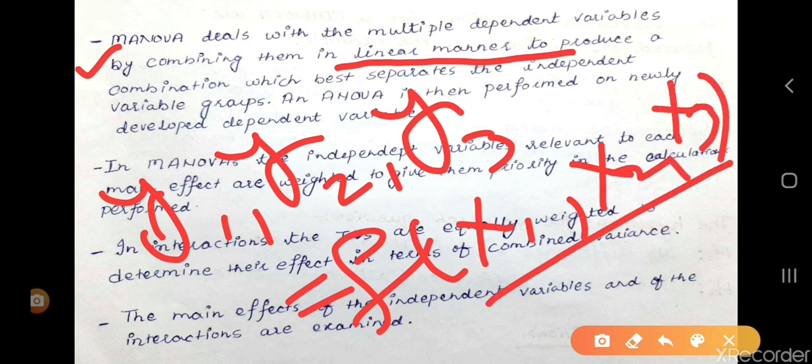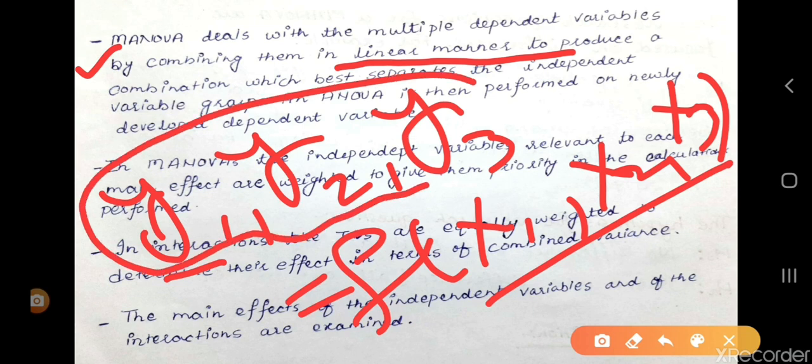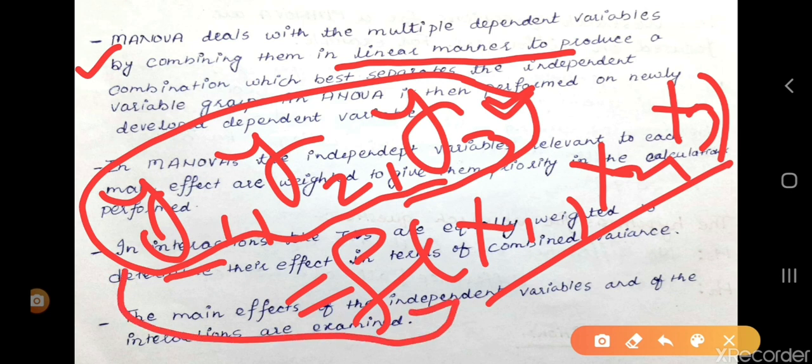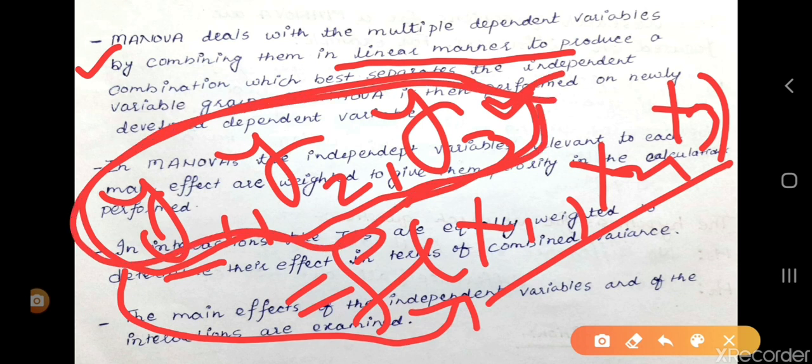These are independent and these are dependent variables. So in MANOVA we are dealing with multiple dependent variables, combining them in a linear manner to produce a combination which will separate them with these independent variables. This will form a combination, and we can then apply ANOVA on this combination.